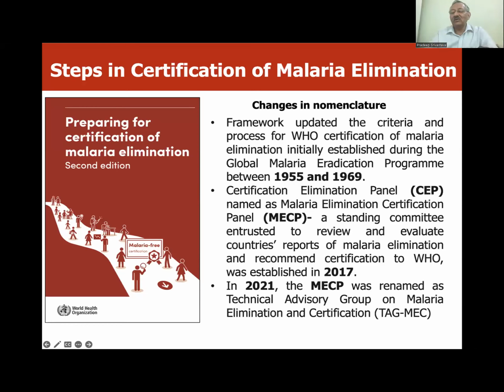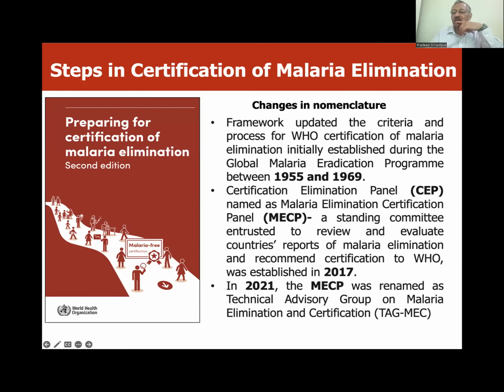So that is how we have taken the basis from the eradication era. The certification elimination panel, which I was showing earlier in 2017, has now been renamed the Malaria Elimination Certification Panel, MECP. There's nothing else changed; the same committee will evaluate this.